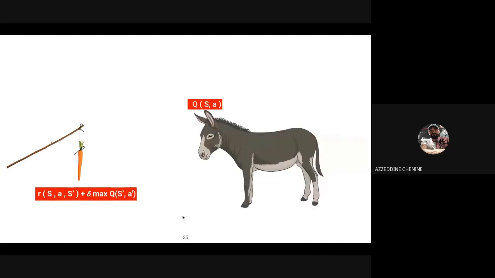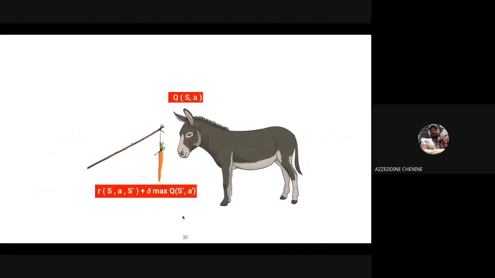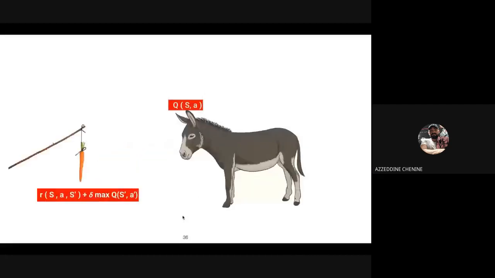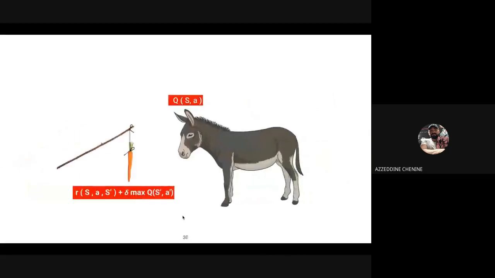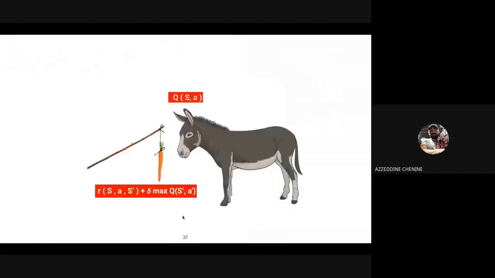We move the animal, and we move the carrot slightly, not that much, but slightly. And then maybe we move the carrot closer. We move it closer to the animal.